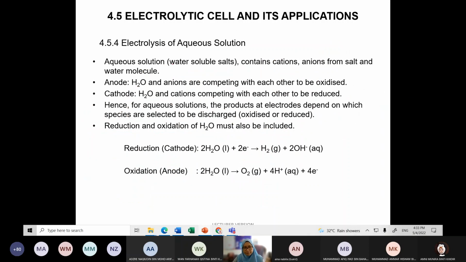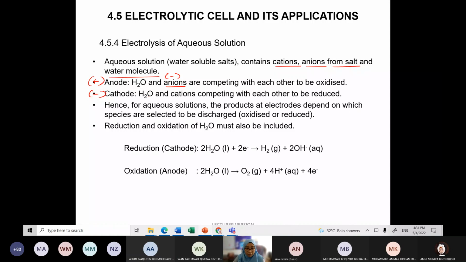Okay, cuba tengok contoh. Aqueous solution, water soluble salts. So we dissolve salt in water. Therefore, it will contain cations and anions from the salt and also water molecules. So at the anode, water and anions are competing with each other to be oxidized because anode is positive, kan? Cathode is negatively charged. So H2O will be attracted to positive charge and anion memang negative, it will be attracted to the positive electrode.